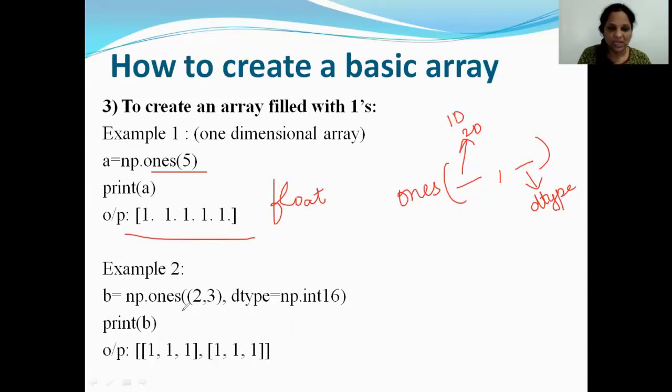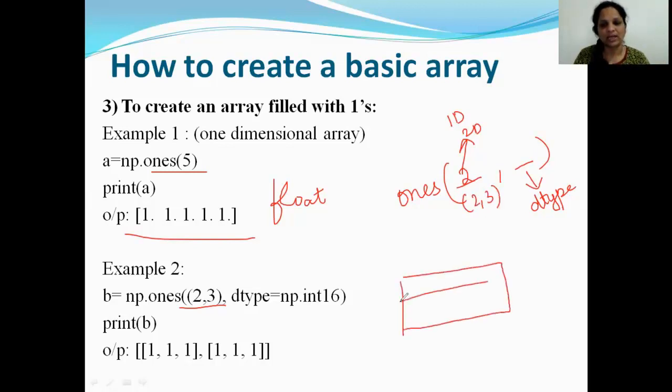So now look at this. I wrote 2, 3. Now remember, just writing 2 would mean I'm creating a one-dimensional array with 2 elements. But if you give 2, 3, what does it mean? I am creating a two-dimensional array with 2 rows and 3 columns.